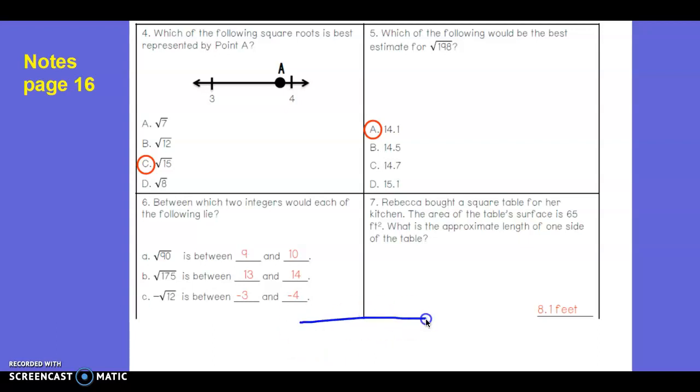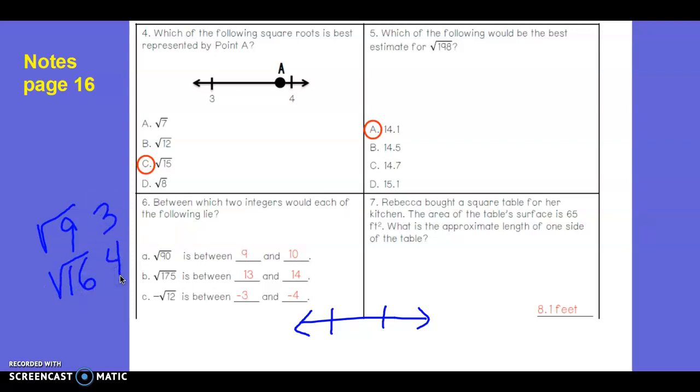Okay? So if I have a negative square root of 12, let's think about the square roots that the square root of 12 would be in between. So the square root of 12 would be in between the square root of 9 and the square root of 16. But the square root of 9 is 3 and the square root of 16 is 4.